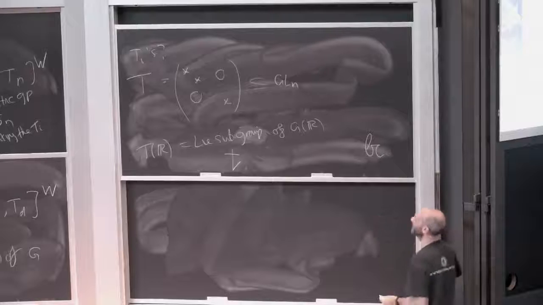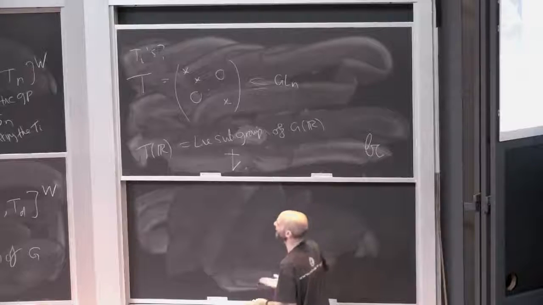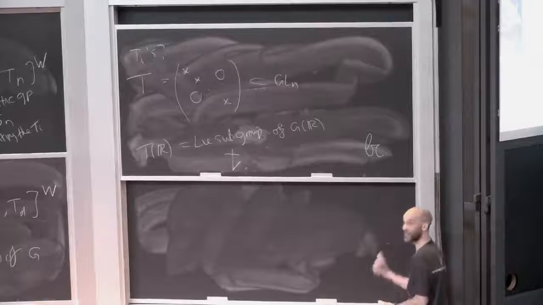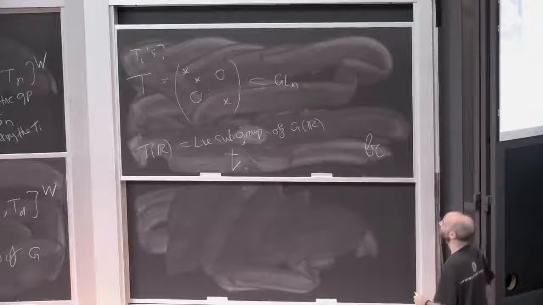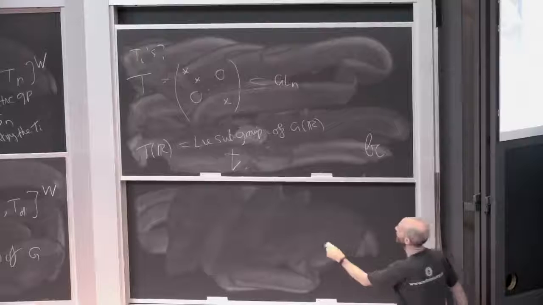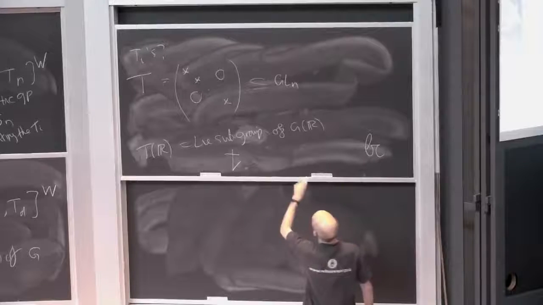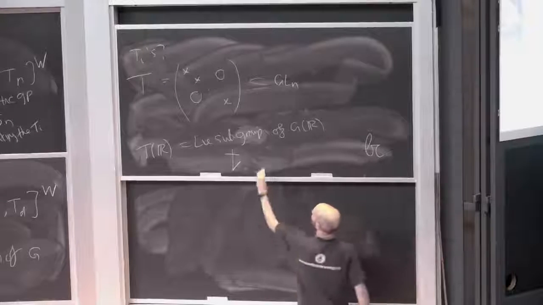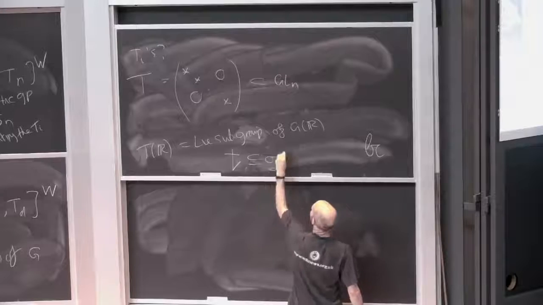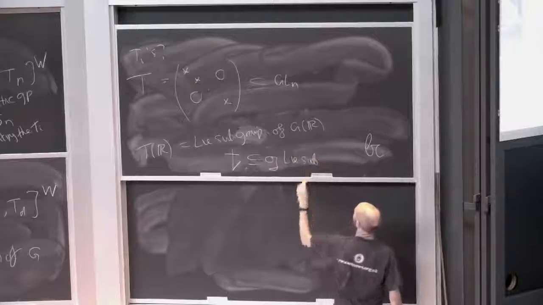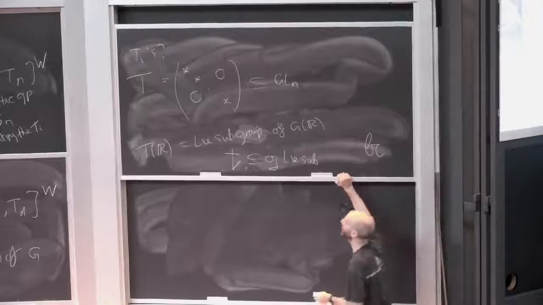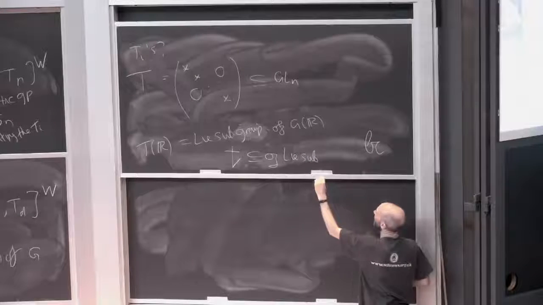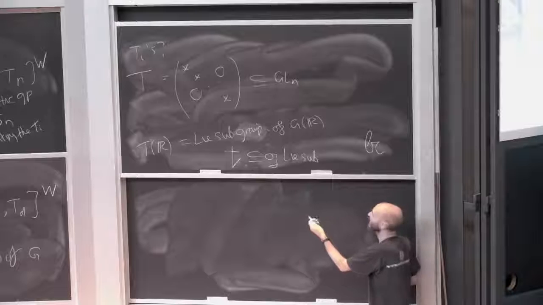Let's call it T. Hang the H. I'm sick of writing H and trying to make it look different to the upper half plane. There's going to be upper half planes later. I've got to get on to modular forms. This is like the last lecture. T of R is the Lie subgroup of G of R. So there you go, T lives in G. There's the Lie subalgebra. I'm sorry, every mathematician. I'm just going to call it T because it's a sensible name. I don't know how it ended up being H. Is H for Cartan, right?